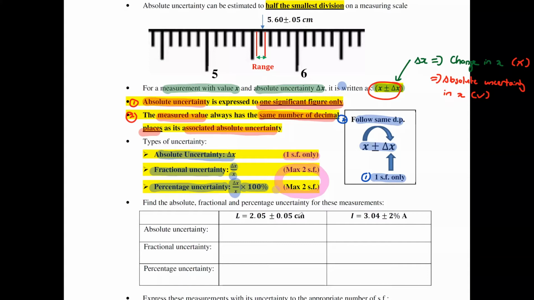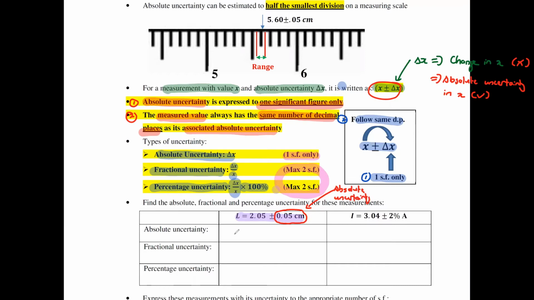Moving on to the examples shown in the table here, you have a measured length of 2.05 plus minus 0.05 centimeter. As mentioned earlier, if you have your measured value expressed in this form, this value that you have here is actually the absolute uncertainty.